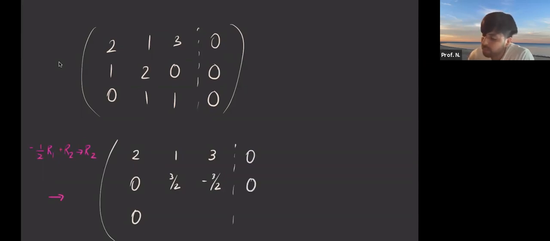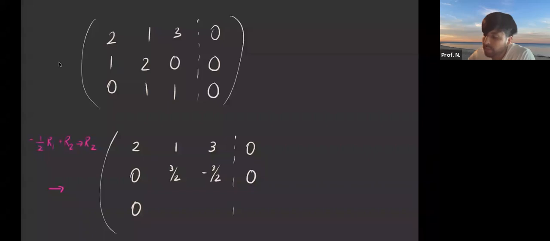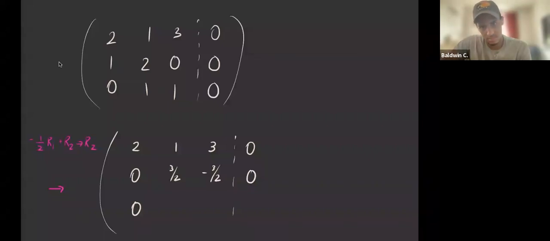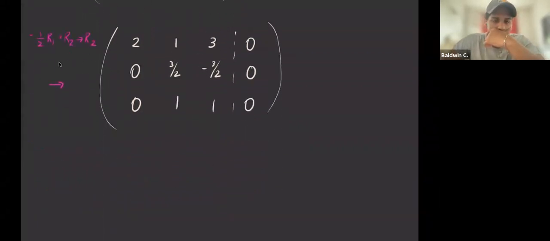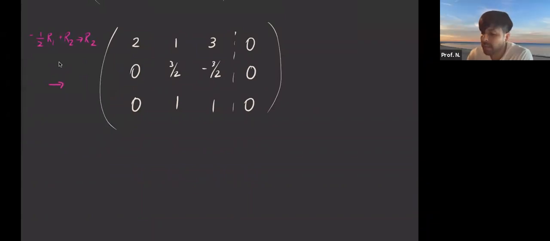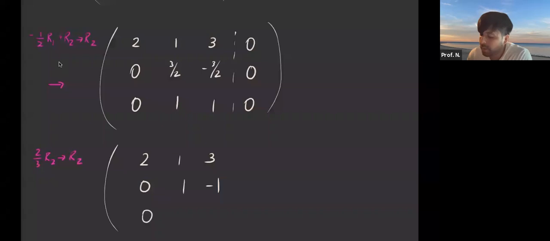Then I want to get rid of this. Can I make this a 1 now? How do I make this a 1? Multiply by 2/3. And now this becomes 2, 1, 3, 0, 1, negative 1, 0, 1, 1.